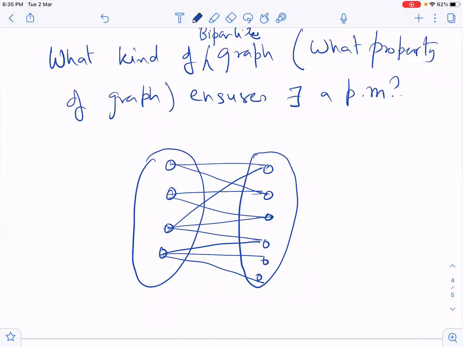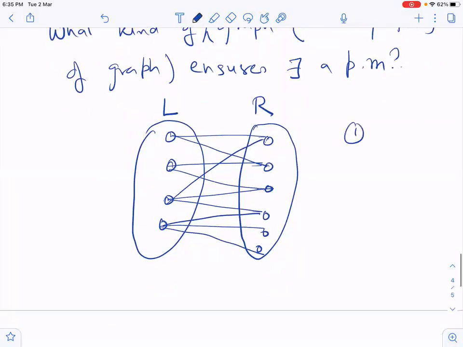Can you give me some properties of this graph having a perfect matching? So this is the L side, this is the R side of the bipartite graph. Equal number of vertices should be there in L side and R side. Very good. So the first property that should be there is that size of L must be equal to size of R.